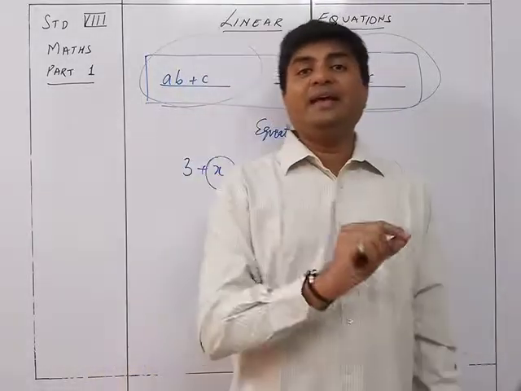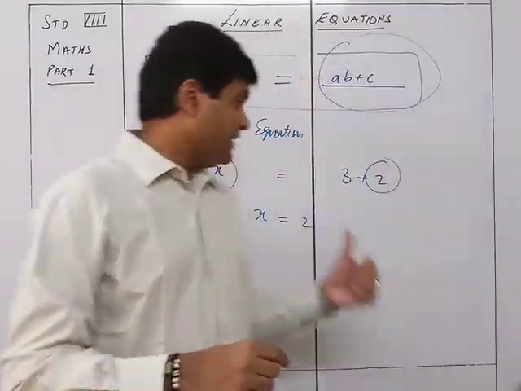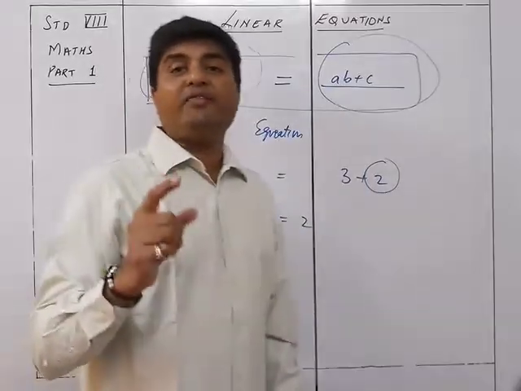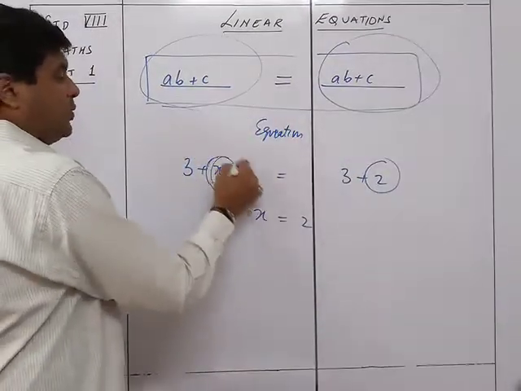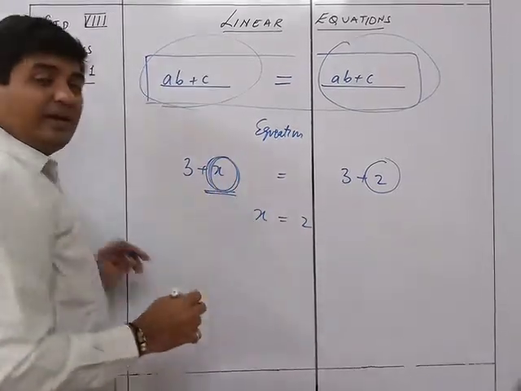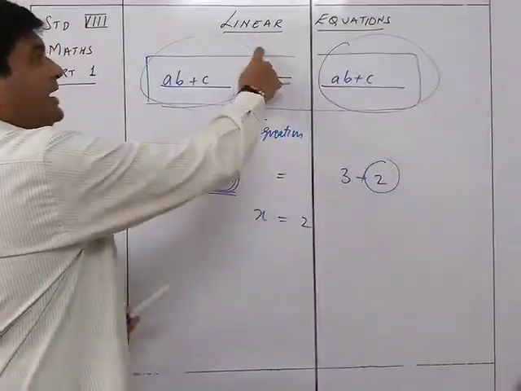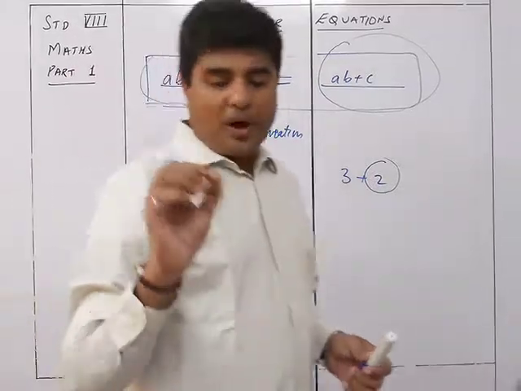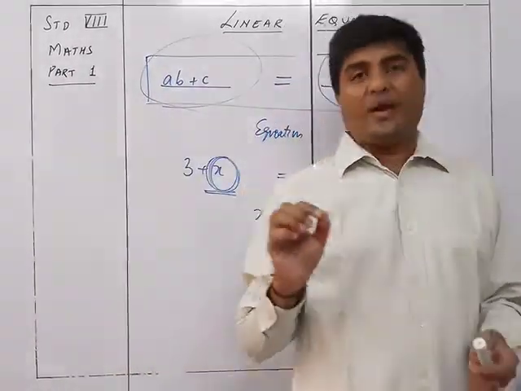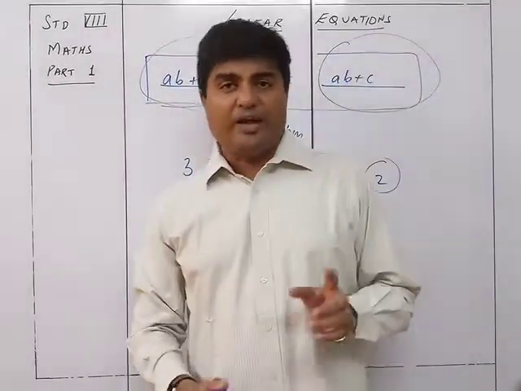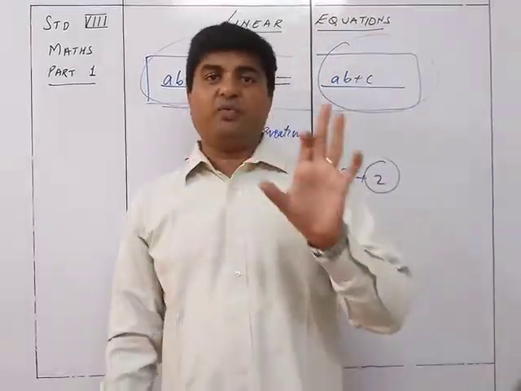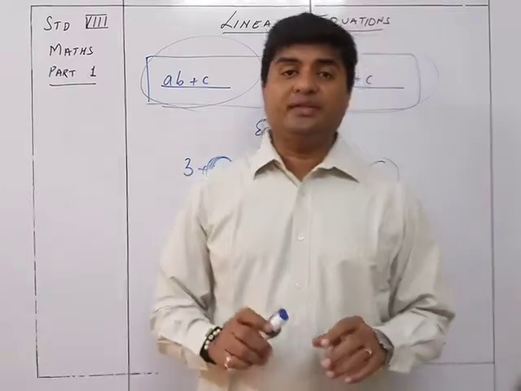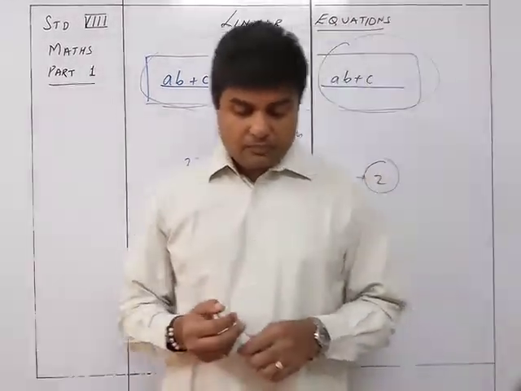It has one variable, and how many variables are here? There's only one, x. So it is a linear equation in one variable, and this is what we are going to solve in this chapter.